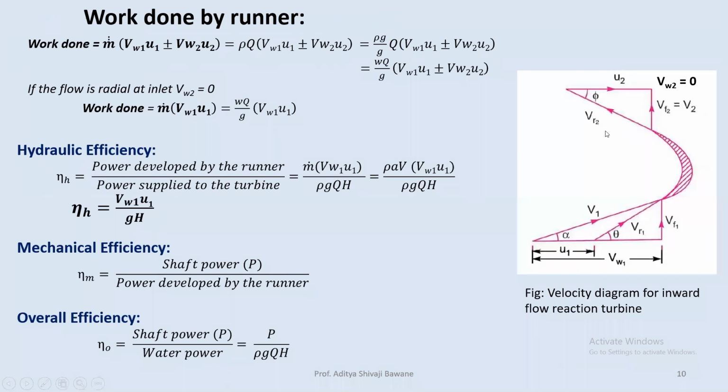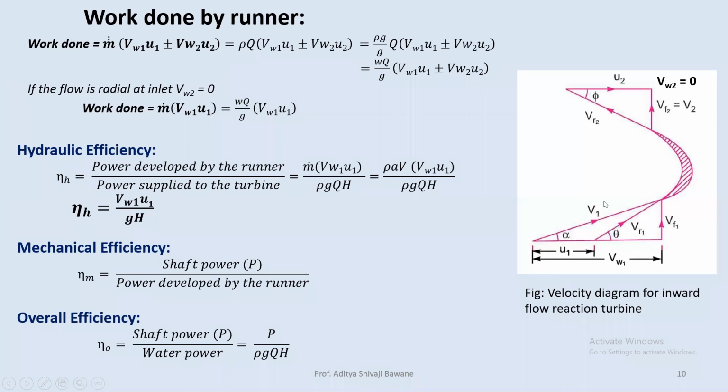Now let us understand the kinetic energy or velocity diagram at the input triangle and output triangle of the Francis turbine. So this is inward flow: water moving from the outward periphery to the inside, toward the shaft.